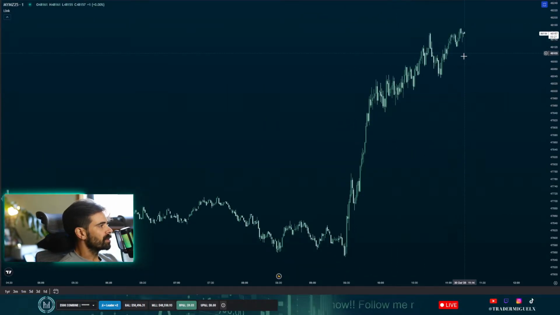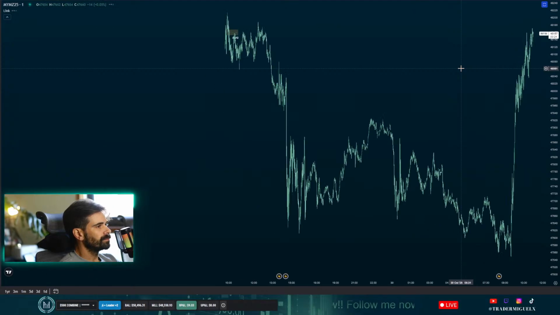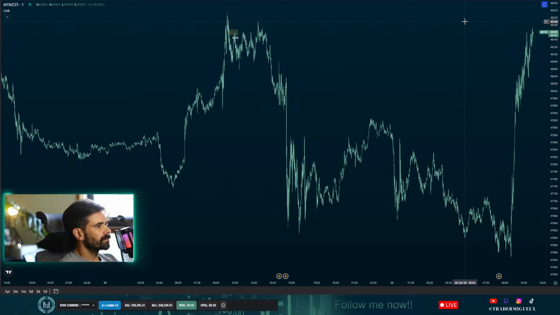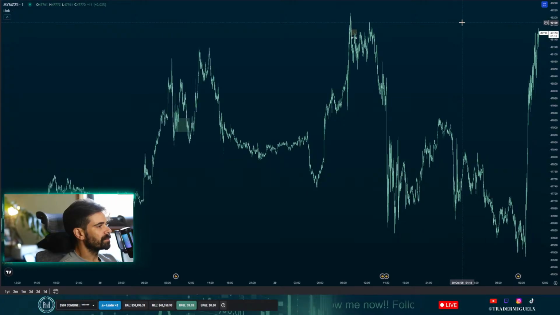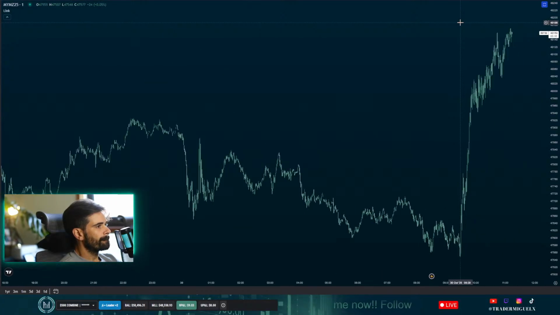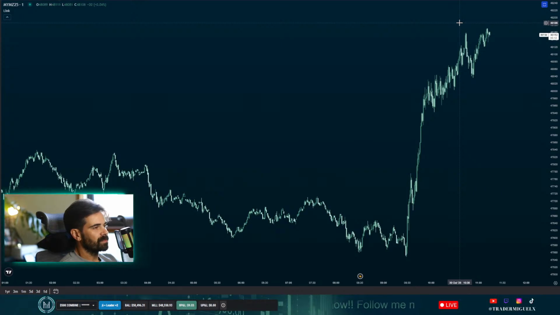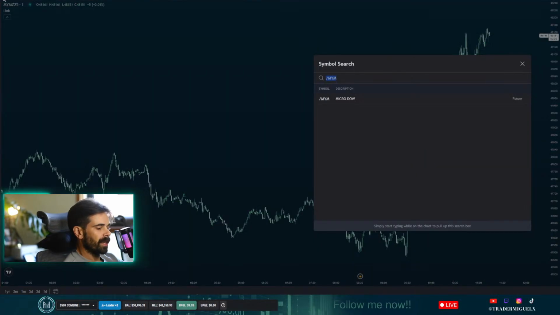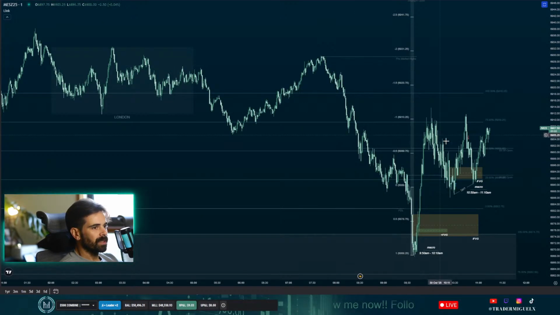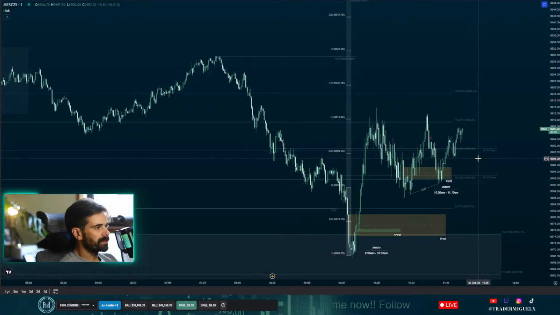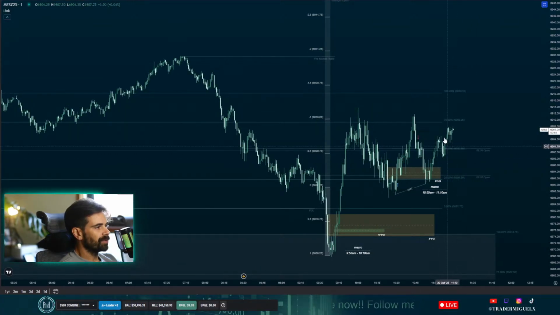Yeah, it's heading to the upside still. And I'm curious to see what will happen as soon as we take out these highs. Because at this point, it seems like ES and NQ are waiting for that to happen. More like NQ, but ES it's also kind of slow.